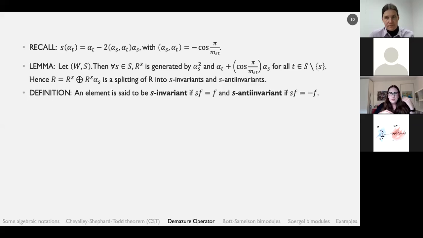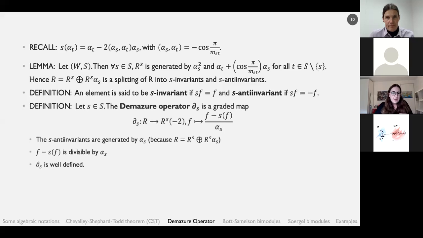So a polynomial f in R can uniquely be written in the form f equal to g plus h times alpha_s, where g and h are both in R^s. And with the Demazure operator that I will give you next, g and h can be found explicitly.